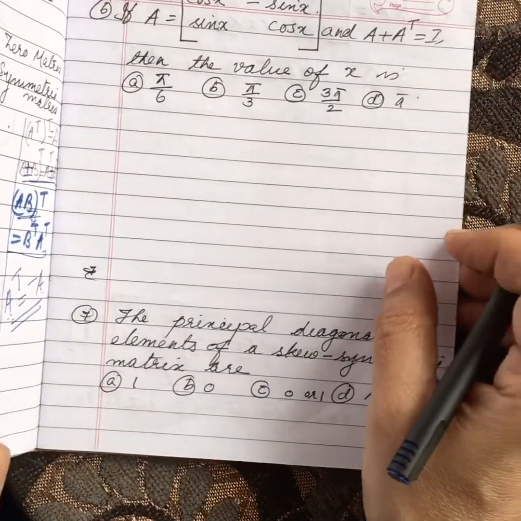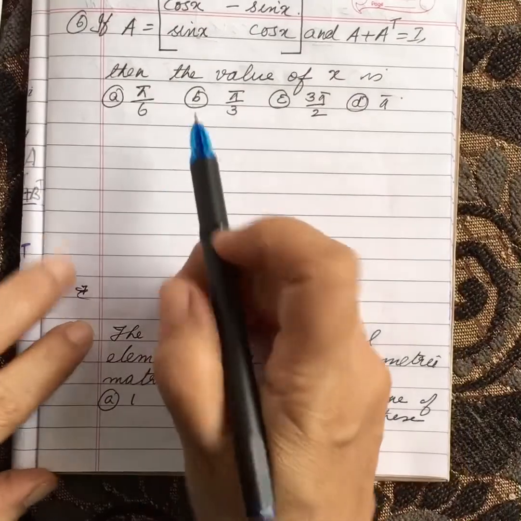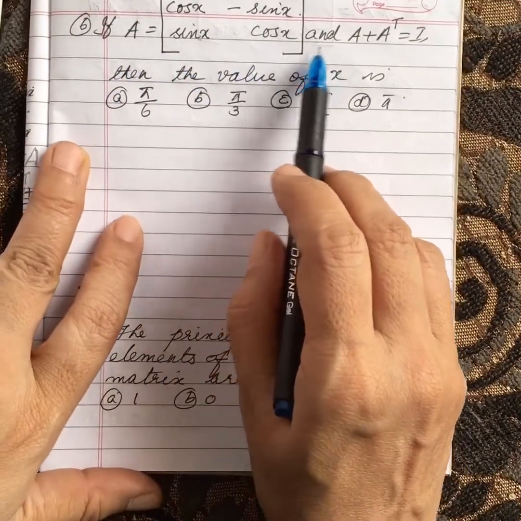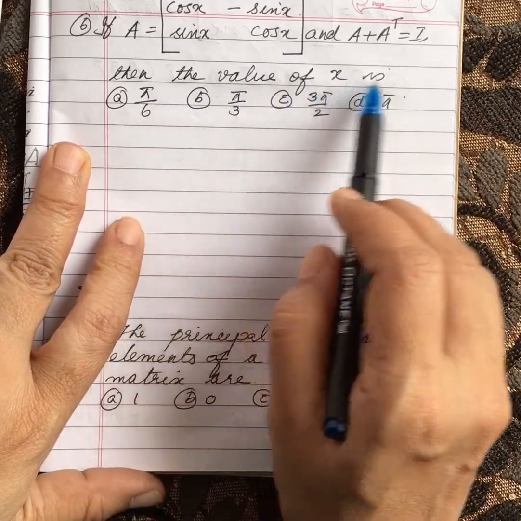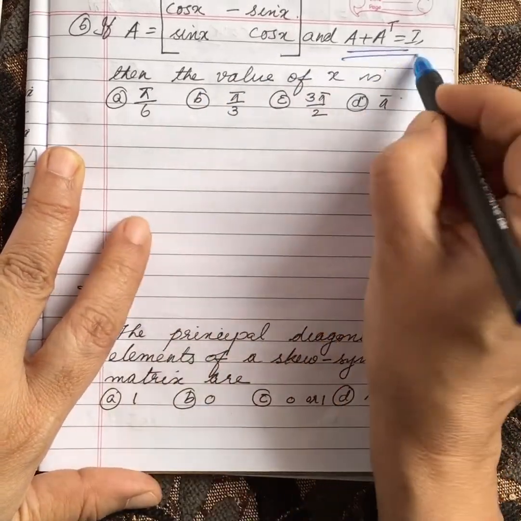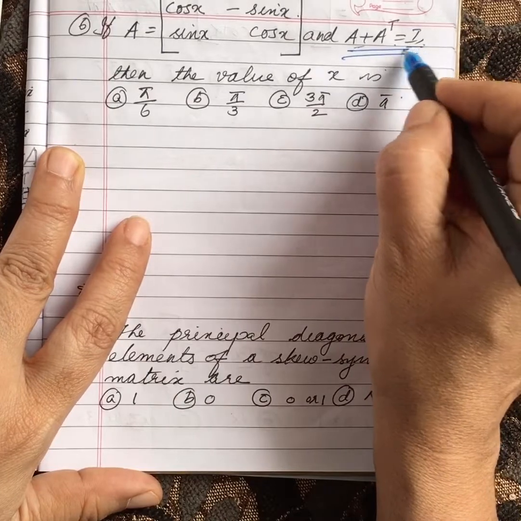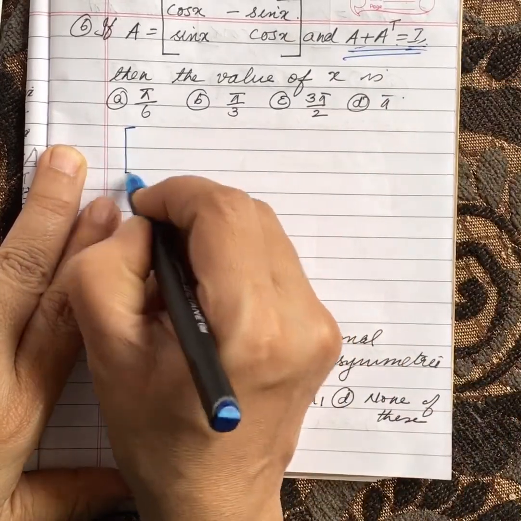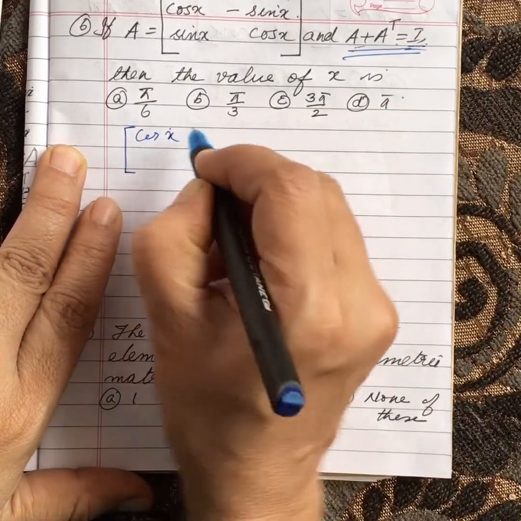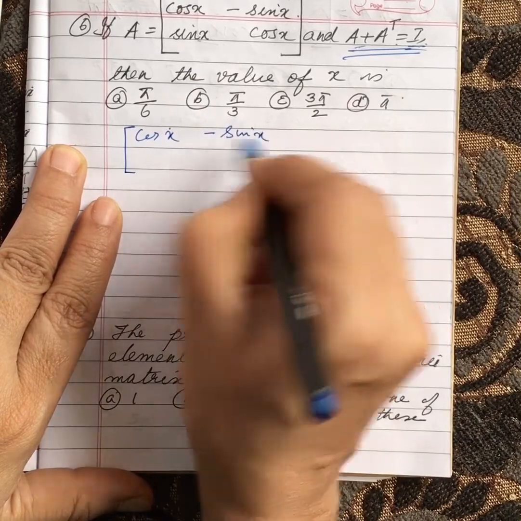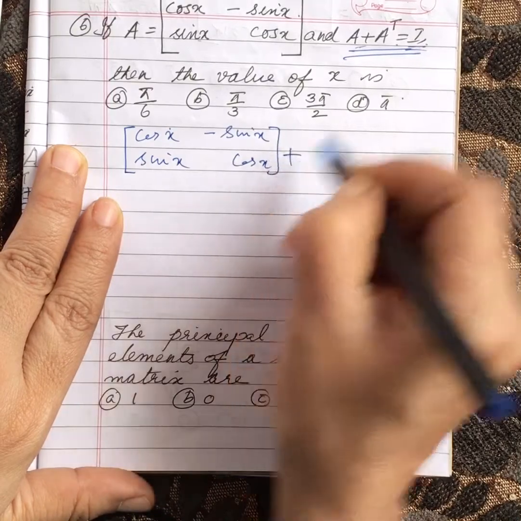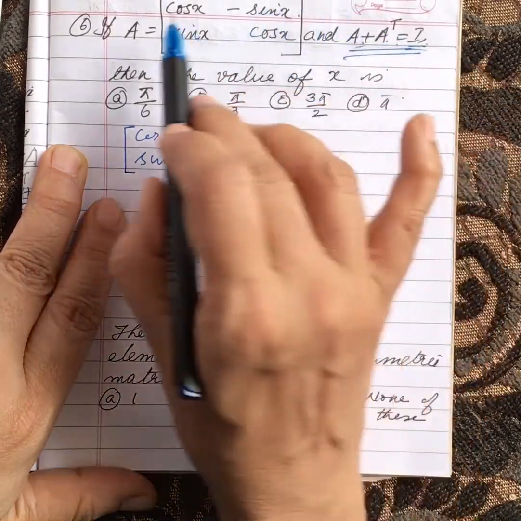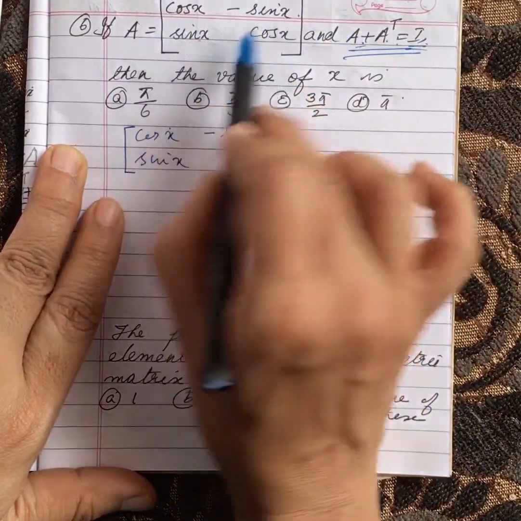The next one. A is given and A plus A transpose is given as I. Then the value of x is, so you will apply this A and A transpose here. I means the identity matrix. So what you will get is cos x, minus sin x, cos x, plus the transpose of A. Transpose of A means these rows become columns.